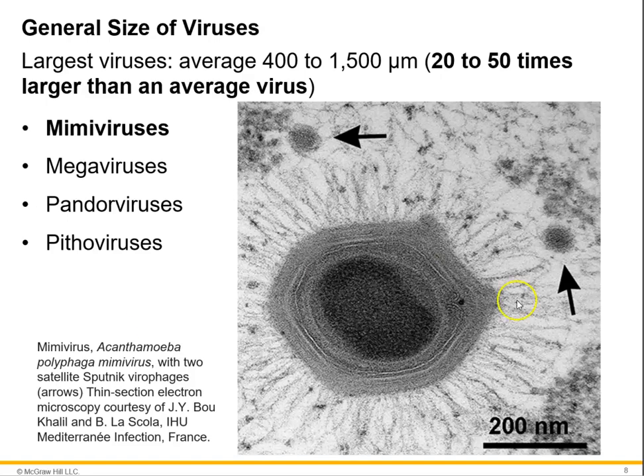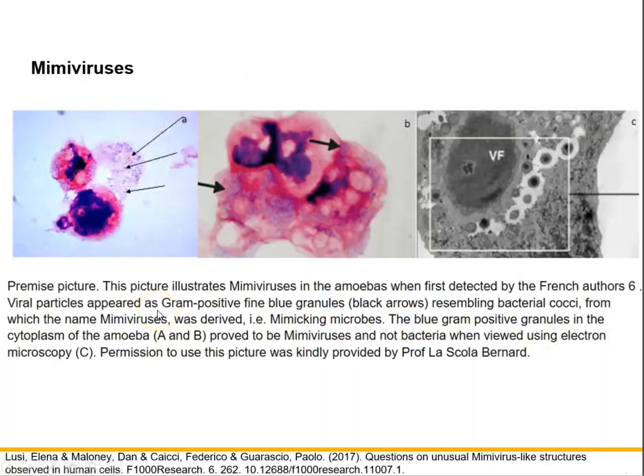Okay, this here is an electron microscope image of a mimivirus. Okay, this is a very, very large virus. These arrows are pointing to actually smaller viruses surrounding the mimivirus. So you can get an idea of just how big this virus is compared to these guys. It's so big, in fact, that mimiviruses can stain Gram positive.